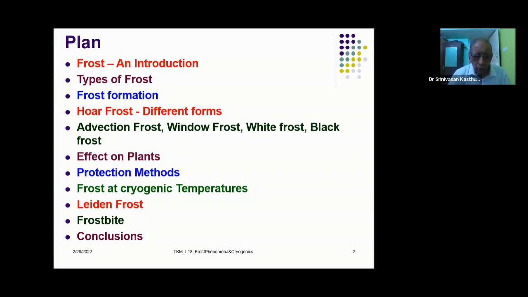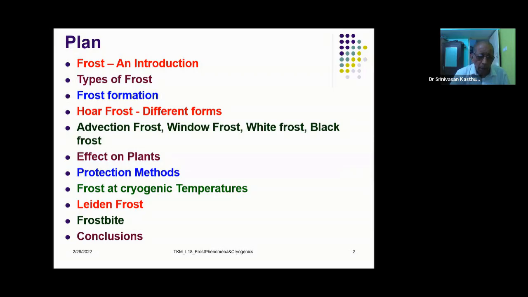As you know, frost is nothing but ice crystallization, and it affects the plants. When the temperature goes down, the water content of the plants becomes ice, and then ice crystals rupture the cells.